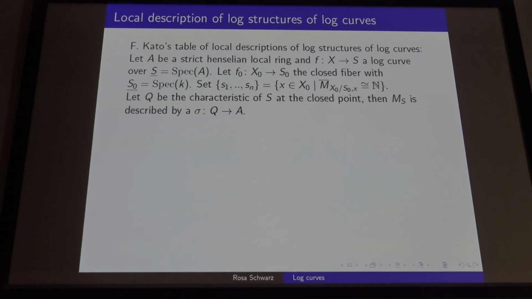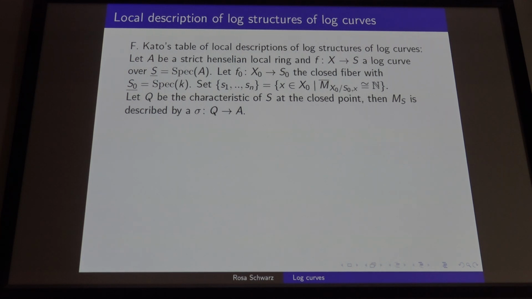The first kind is a node, the second kind is like a marked point, where we have set the Si to be those points where the relative characteristic is isomorphic to N, so those are marked points, which are not necessarily marked points yet, but could be viewed as.